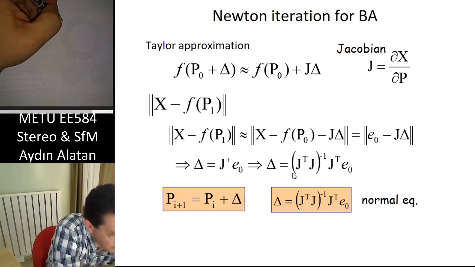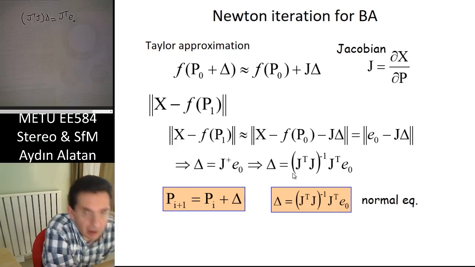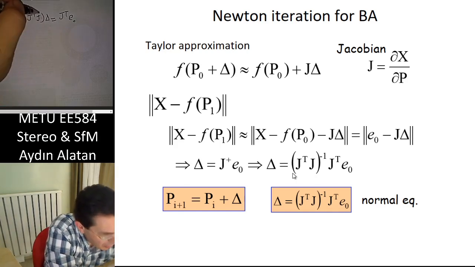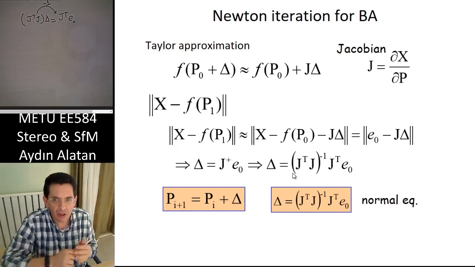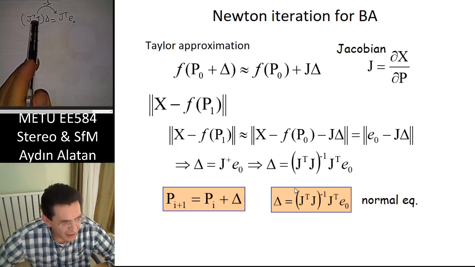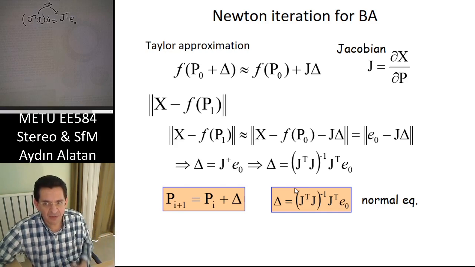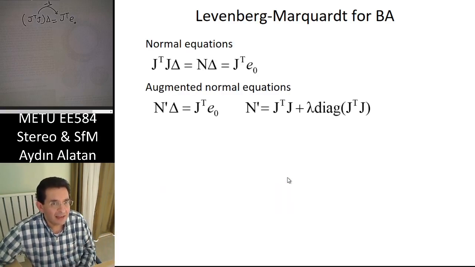This is your E0, this is the step, and you put the matrix on the other side using an inverse operation. This is how you do least squares. These are the normal equations, but this matrix sometimes is not very reliable. Its inverse doesn't exist. Then you make a little trick.